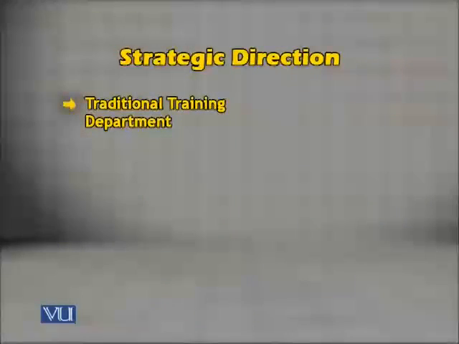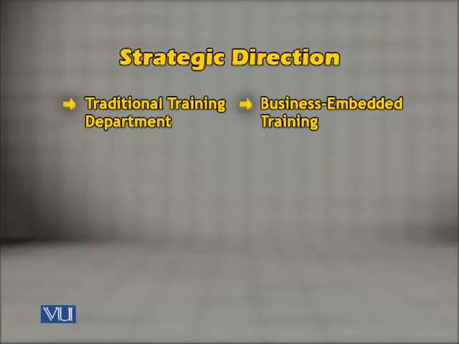Now, over these 5 dimensions, 5 characteristics, if we try to analyze the traditional training approach or traditional training models and the business embedded training model, we would find that there are many differences between the traditional models and the business embedded training models.